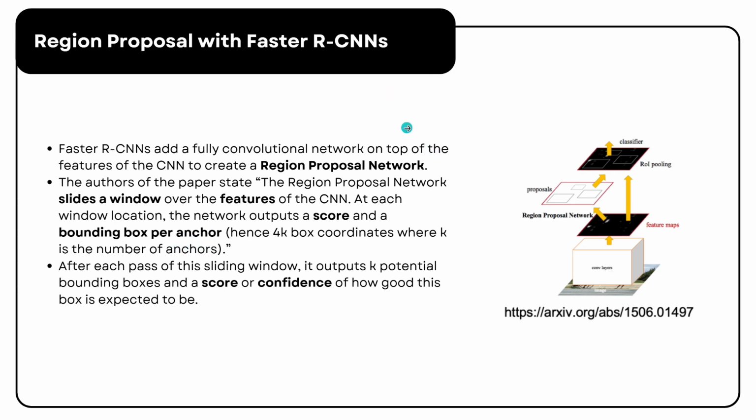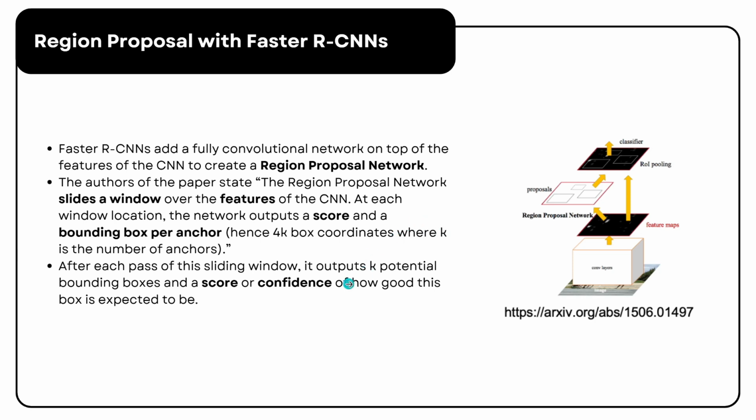So what does that mean? Anchors are predefined bounding boxes of different scales and aspect ratios. For example, at each location we might predict, let's say, nine different boxes, so it will be three scales times three aspect ratios.